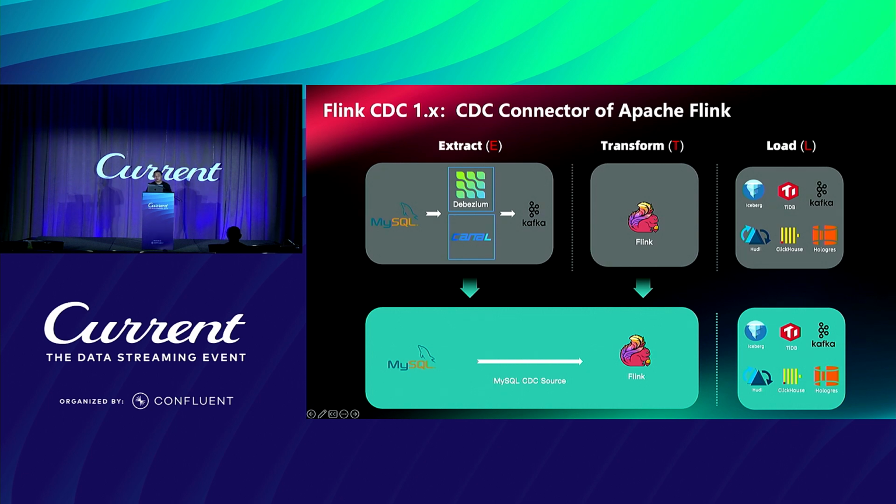Okay, we just talked about Flink CDC's key milestones. In the Flink CDC 1.x versions, Flink CDC was just a set of CDC connectors for Apache Flink. It can be used to simplify your data ingestion infrastructure.